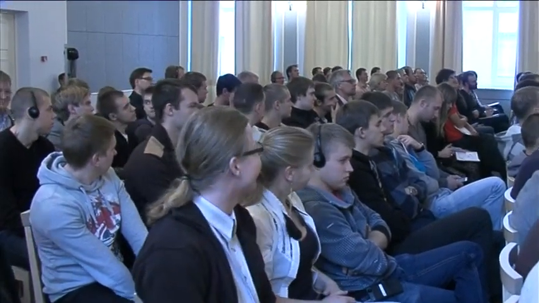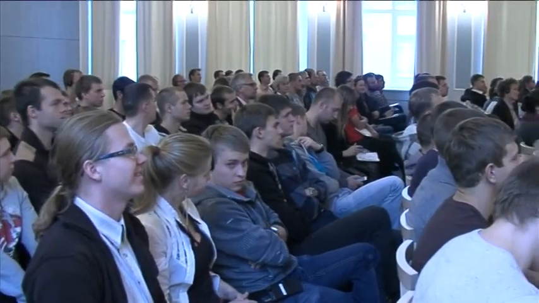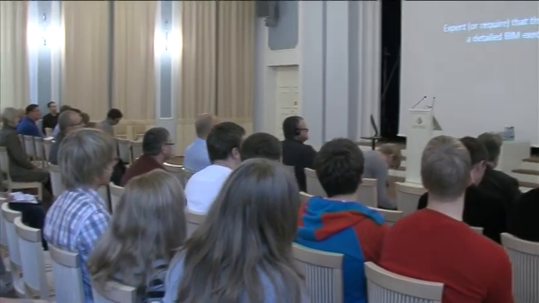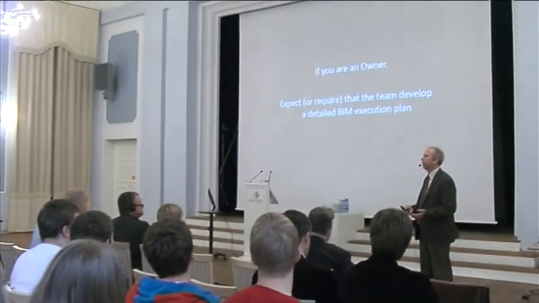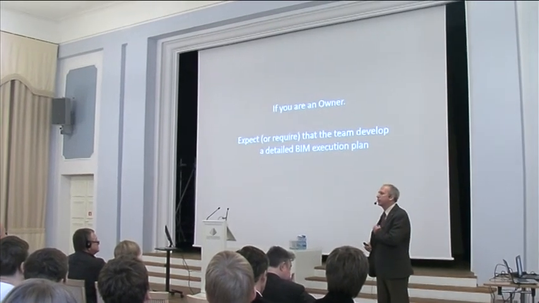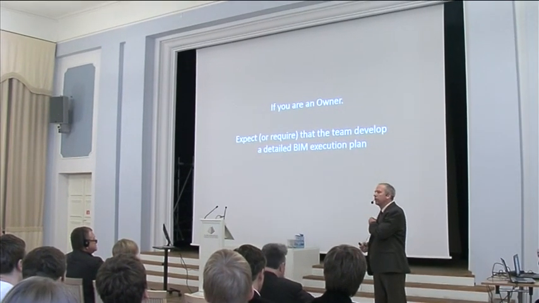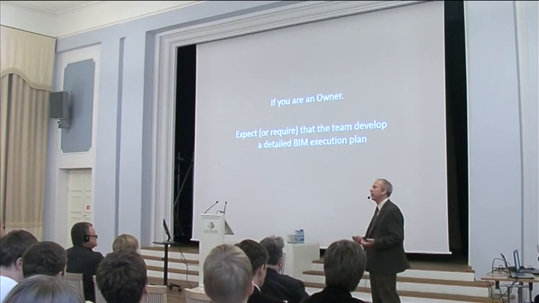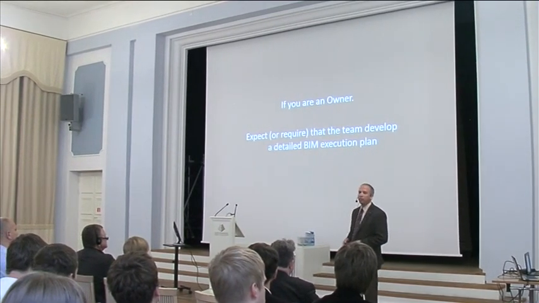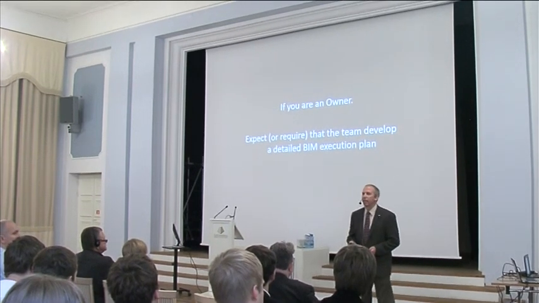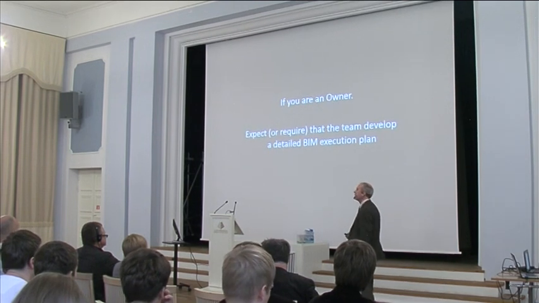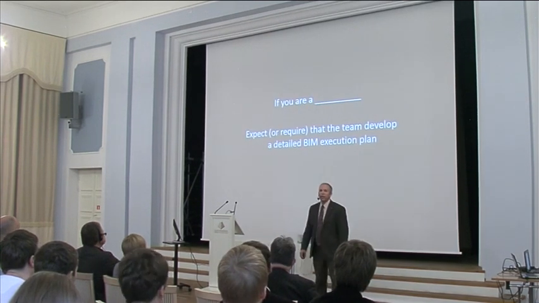So if you're from an owner organization, what I'd like you to do is start expecting your project teams to put these plans together. So if a project team is going to work on one of your projects, and if they're going to do any level of building information modeling, they should have a plan on how they're going to do it. And so I would expect or require contractually that project teams start to deliver to you these different execution plans.